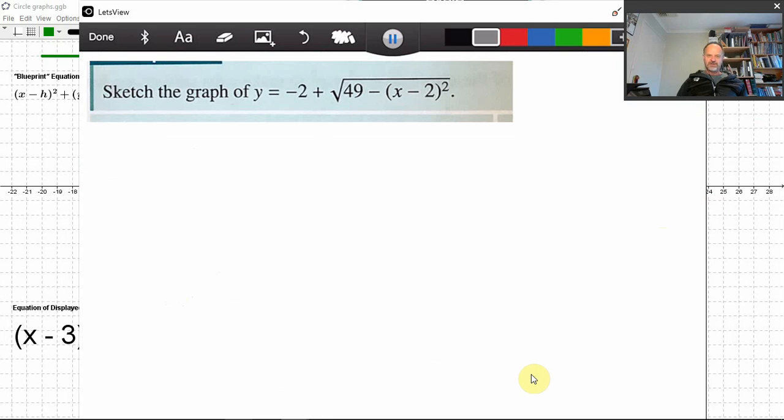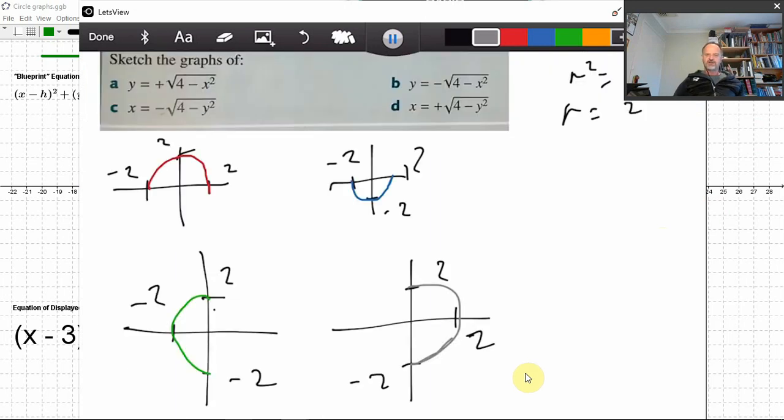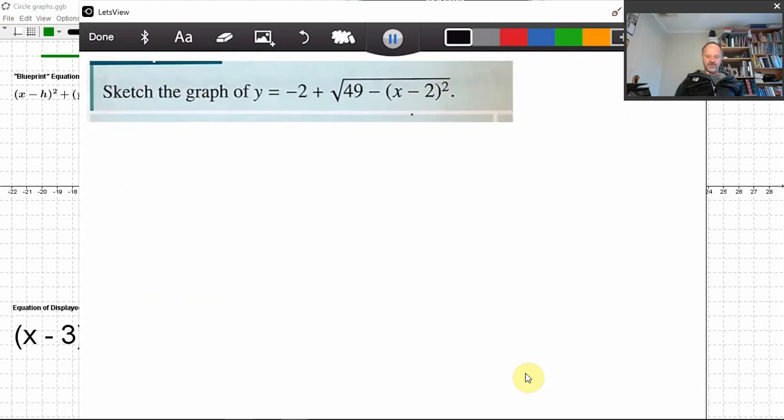So this time, rather than the center, as in the previous question, like there was no translations, the center was in the center of the origin, I should say. But with this one here, we've got some other stuff. We've got this here, and we've got this here. So now we need to think about what they might do.